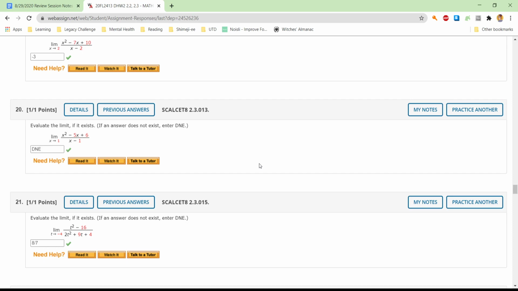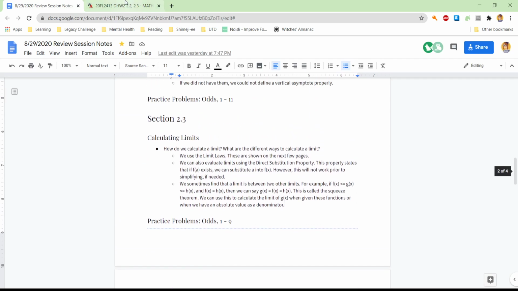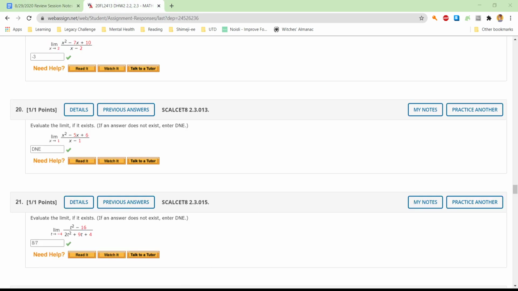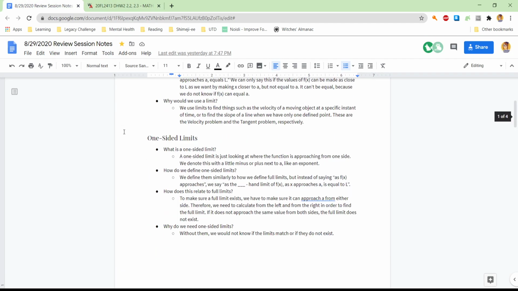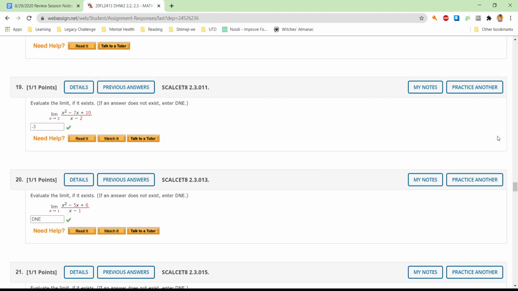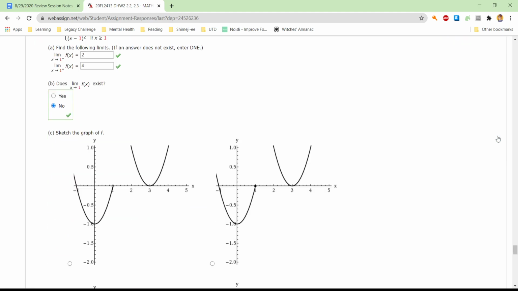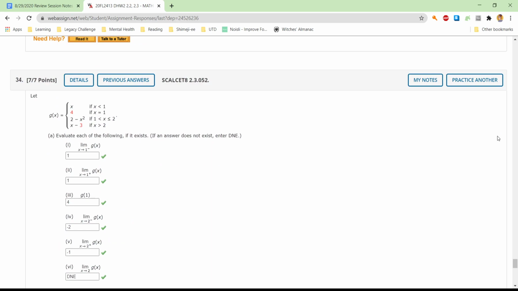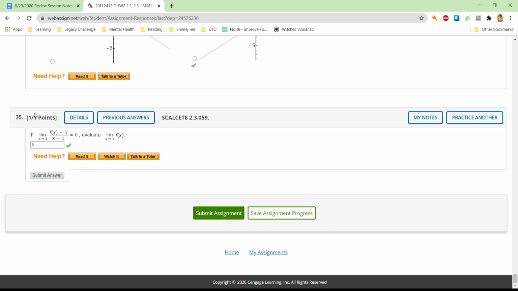Or any questions, period. Is there anything specifically that is confusing to you or doesn't make sense? I know I kind of went fast. I was worried that we weren't going to have time with both sections. All right, if no one else has any questions, I'm going to go ahead and just do 35 real quick.